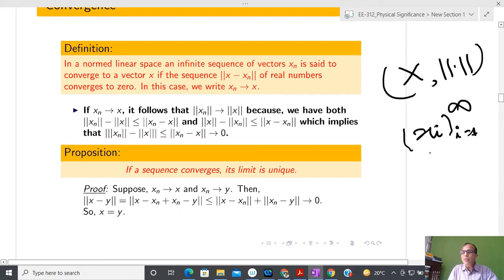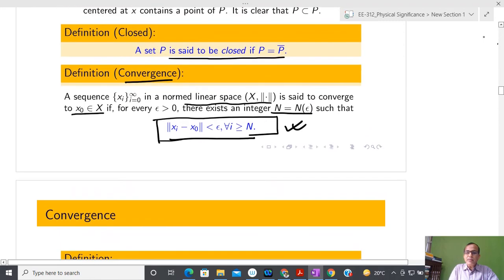Now I am going to talk about the convergence of this sequence at x0, where x0 belongs to X. Whenever we talk about convergence, we define it in terms of epsilon. If you take any number epsilon, even a smaller number, some n comes into the picture. So you can decrease this number to 0 also.